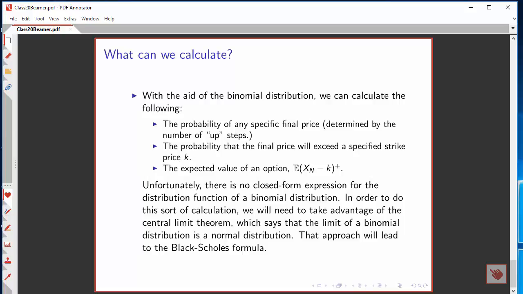And when we start working with the normal distribution, we're going to end up with the Black-Scholes formula. But the only thing new is going to be that we're trading in our binomial distribution for a normal distribution. Other than that, if you understand what's going on today, you will understand Black-Scholes. And with that comment, I am done.